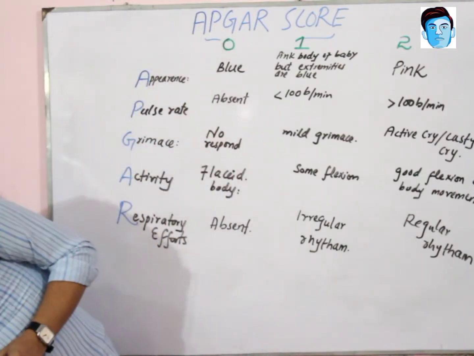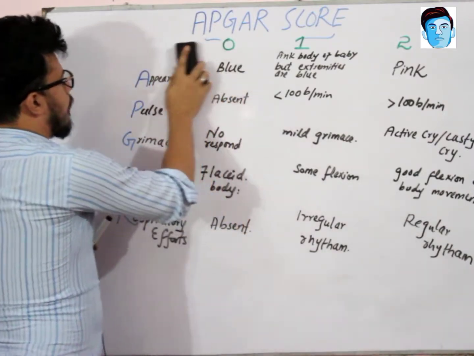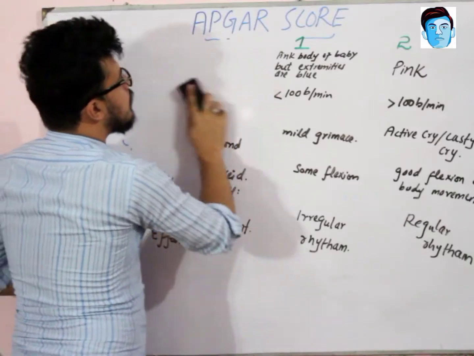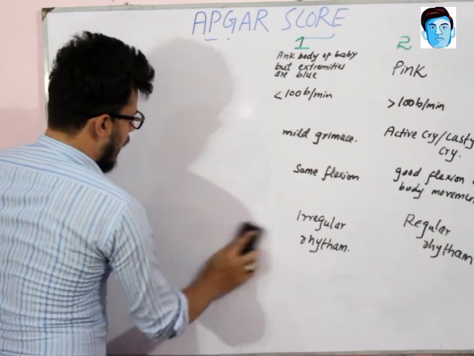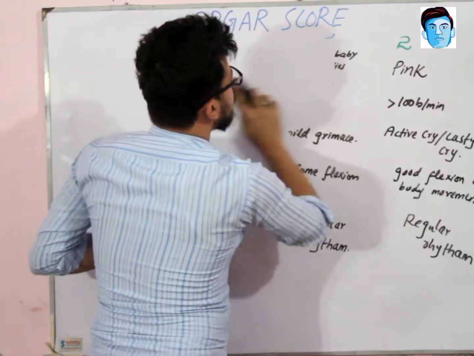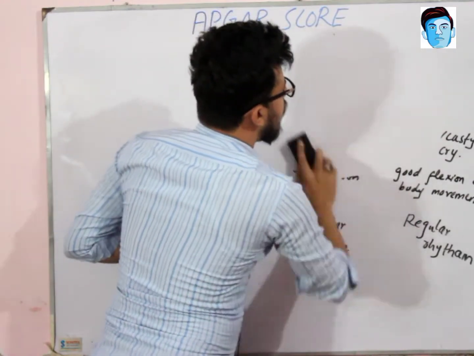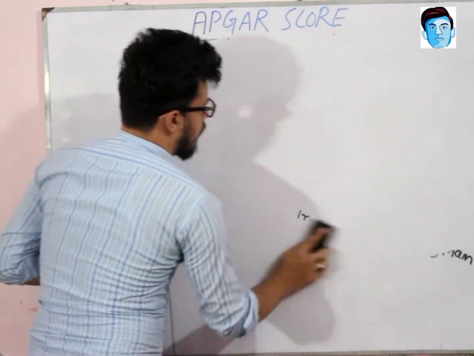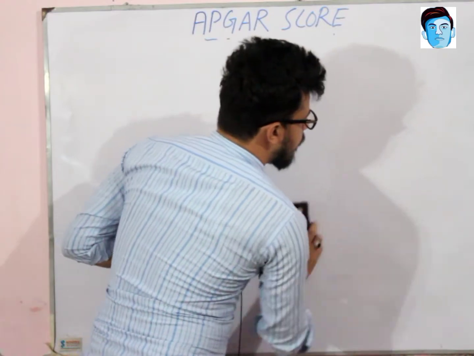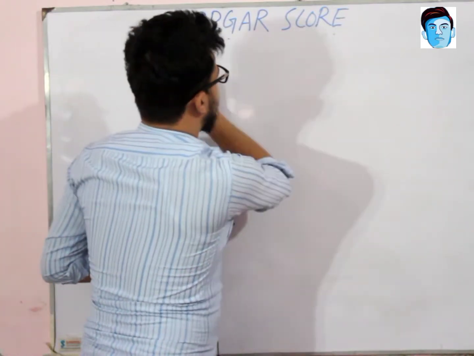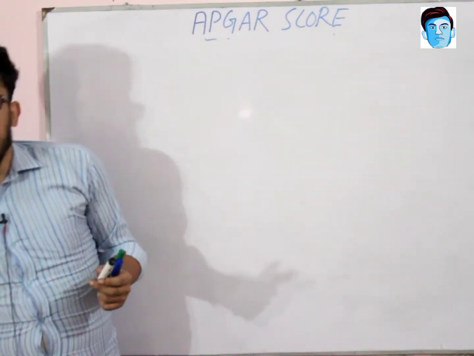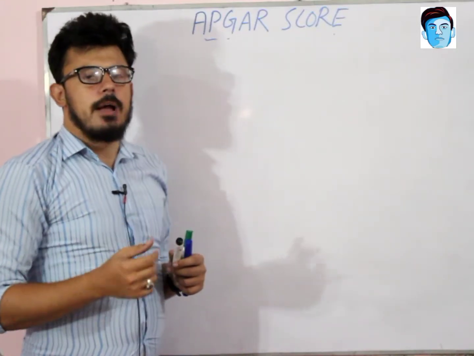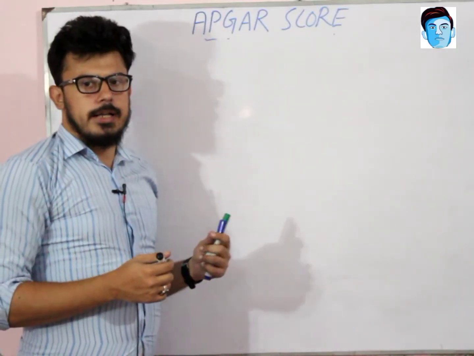Now when we do APGAR scoring, it is very important. APGAR scoring actually occurs 3 times. Mostly it is done 2 times, but still there are 3 times when we calculate the APGAR scoring.